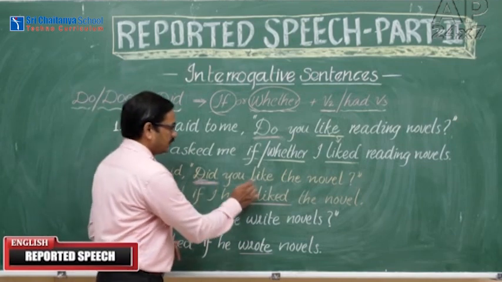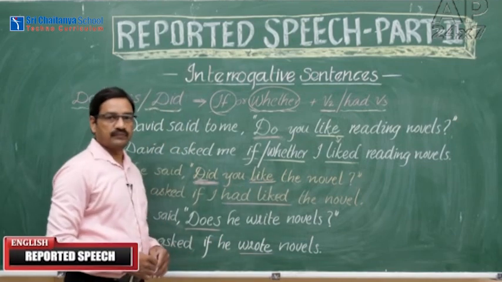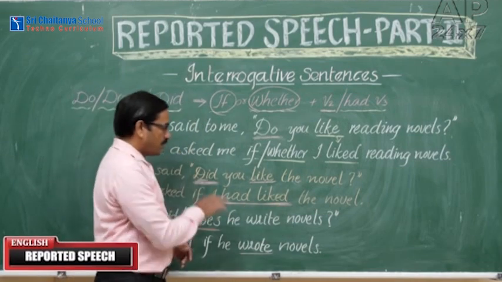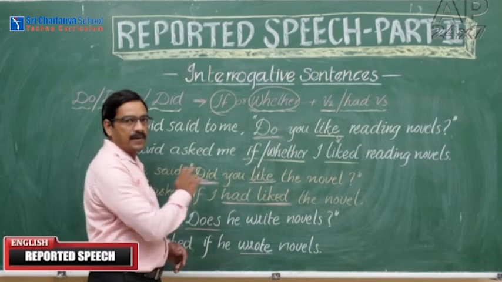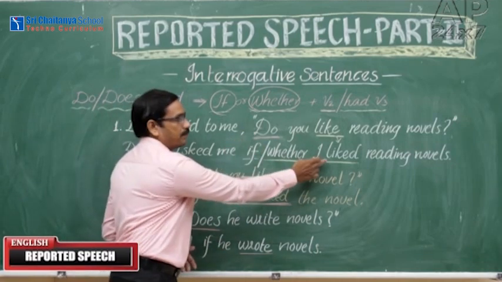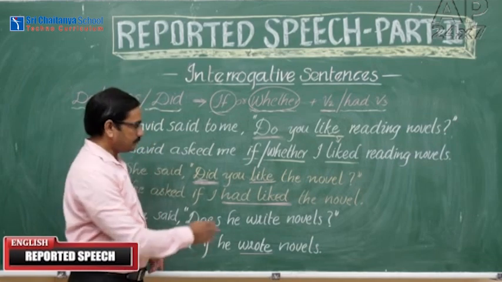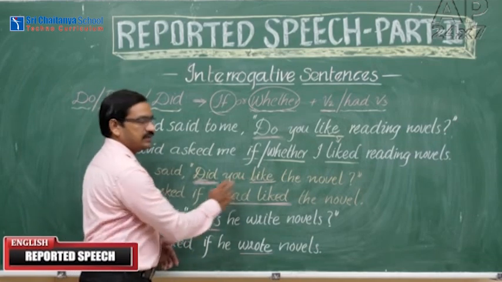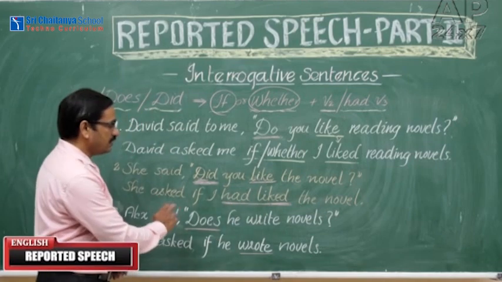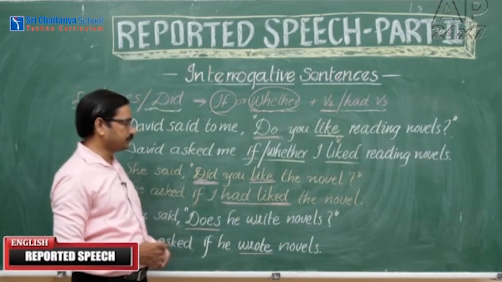So did like now became had liked. Past tense became past perfect. Present tense became simple past. Past tense did like became past perfect, had V3. If I had liked the novel.